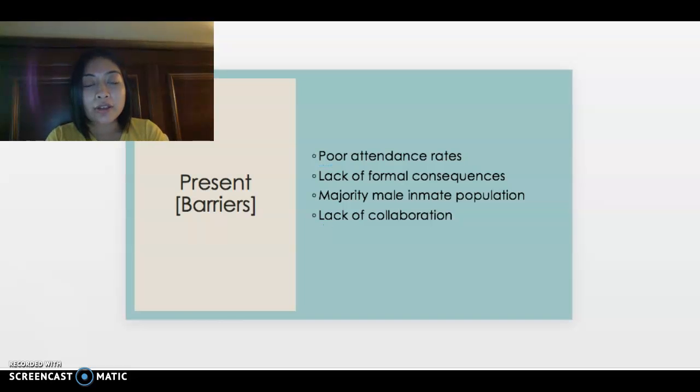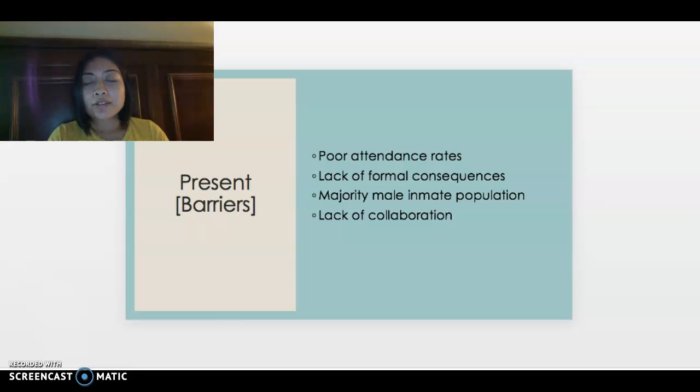So there are still some present barriers. So this includes poor attendance rates. There were inconsistent attendance rates between participants. These participants include inmates and even their family members.